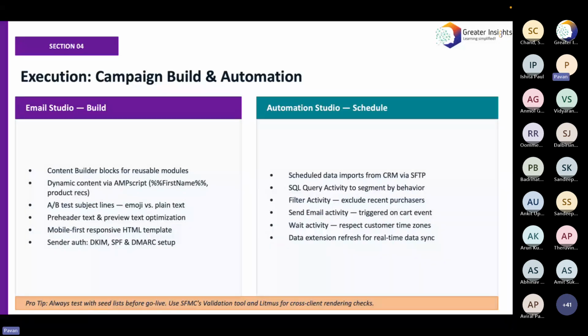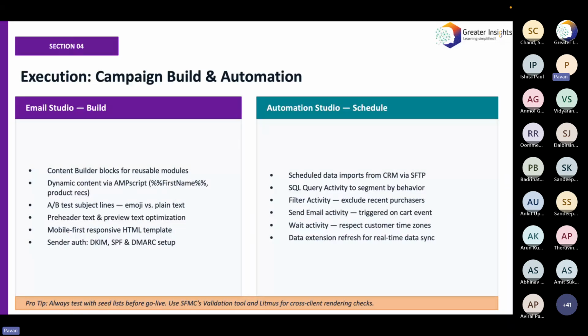Such as, how are you going to add your personalization? Because they don't know how to add personalizations, right? They are just the content team. They are giving you the beautiful emails. You take them in. You should know, okay, this particular tag, this is an HTML CSS tag. And if I go and put in my dynamic first name variable, if you see point number 2 on Email Studio, I'm saying dynamic content via AMPscript, percent percent first name percent percent.